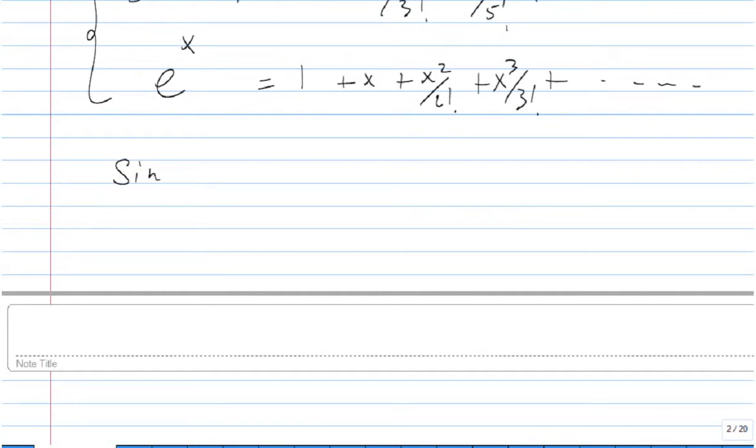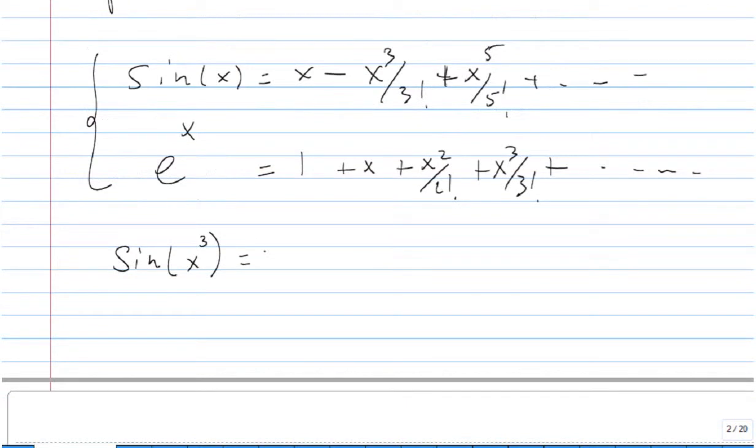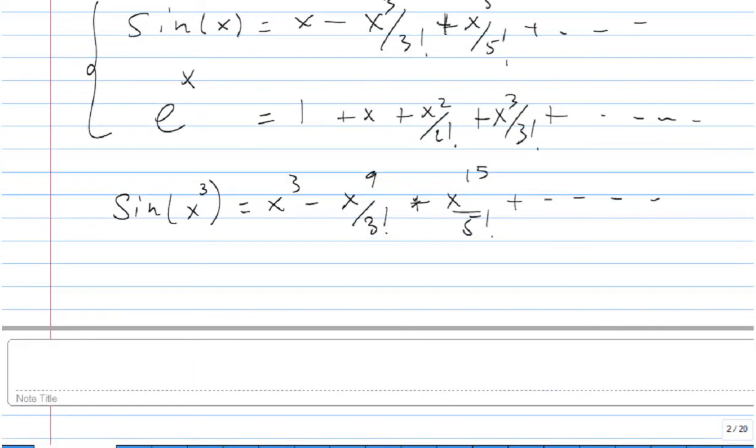Here you plug x cubed into x, and you get x cubed minus x^9 over 3 factorial plus x^15 over 5 factorial, etc. And for e to the power minus x squared, we have 1 minus x squared plus x^4 over 2 factorial minus x^6 over 3 factorial, etc.